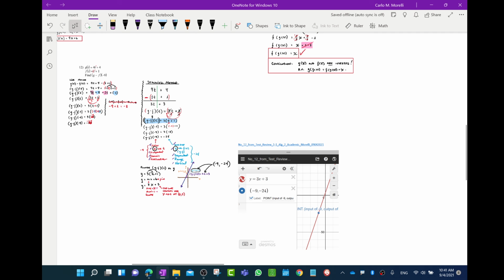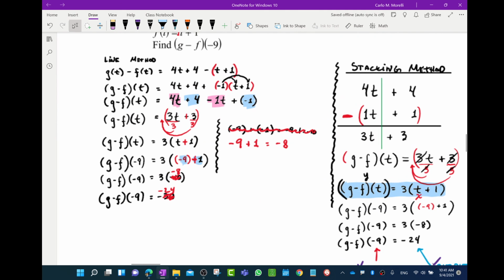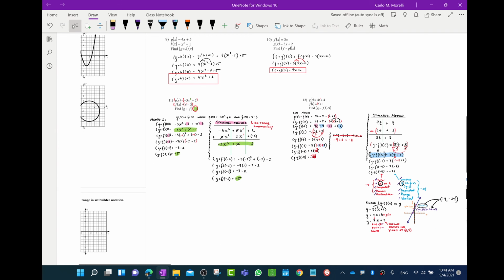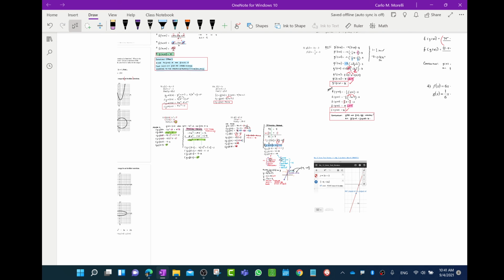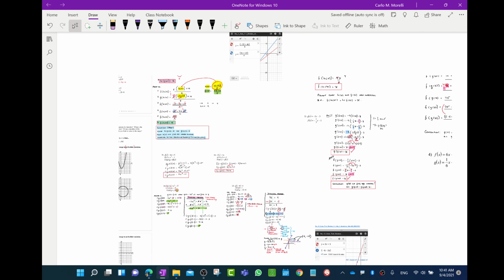Okay, so let's get back to just answering the question. So the difference of G and F evaluated at -9 is -24. Just hoping I can get this written down, and then I will give the computer a break. I can tell it's overworked.